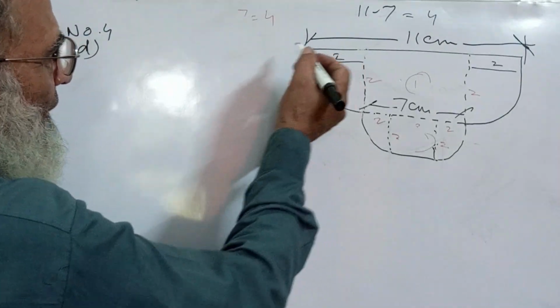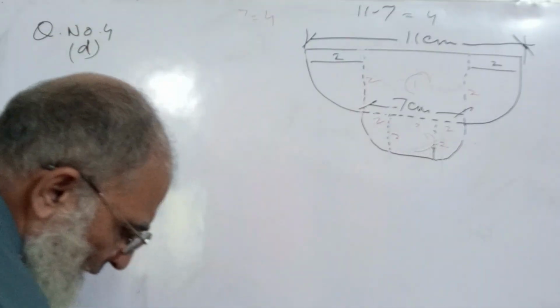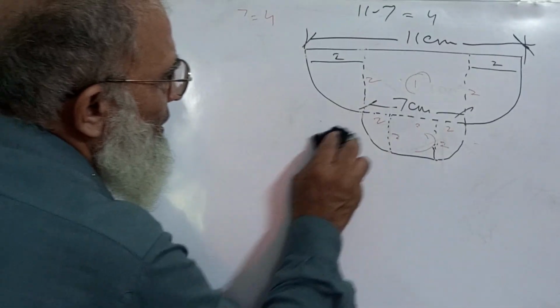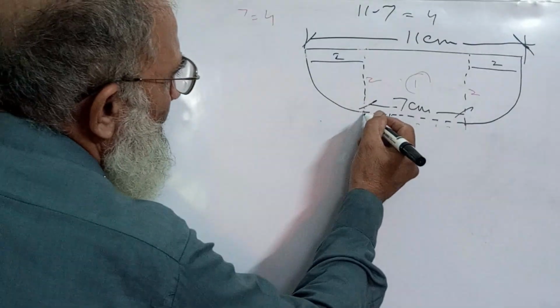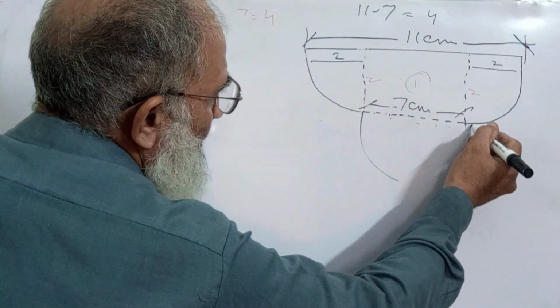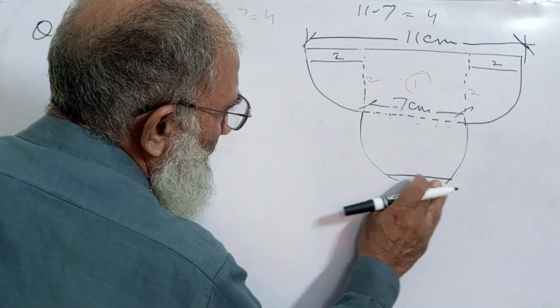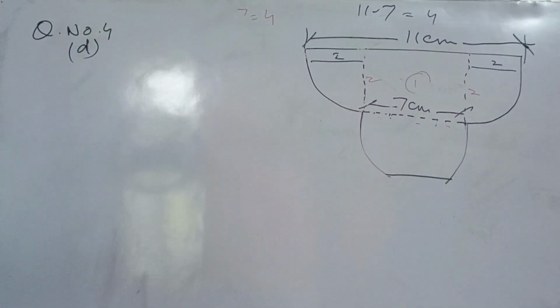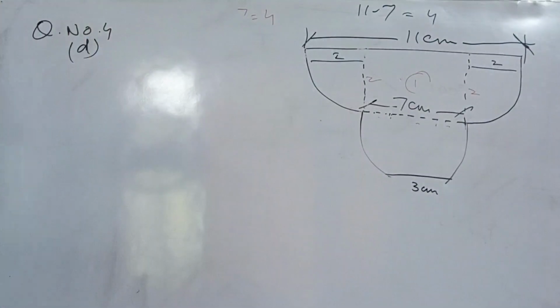Okay, now you see that this figure is given. This is a little not symmetrical. Let me make it somewhat symmetrical. Now it is something different. 3 centimeters.